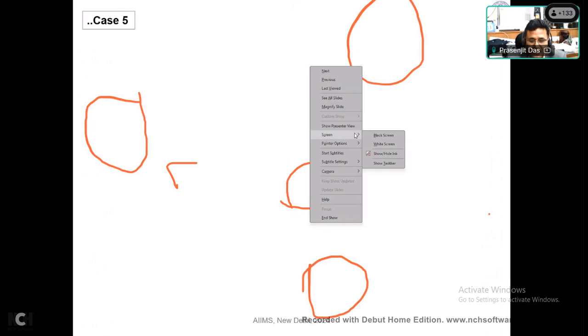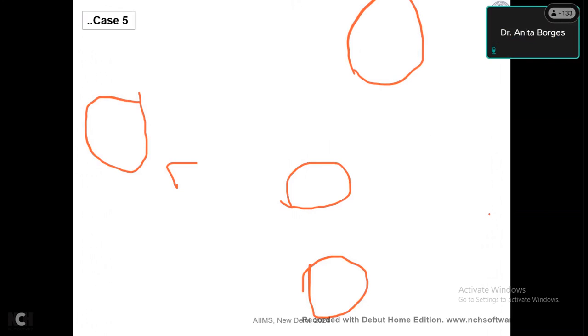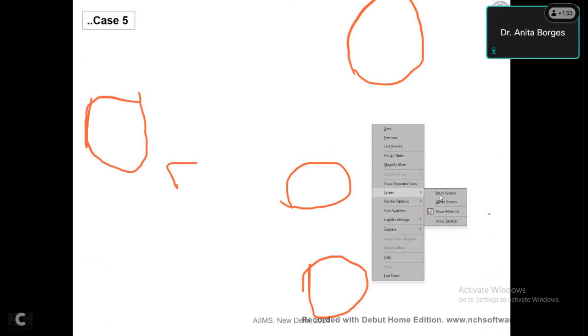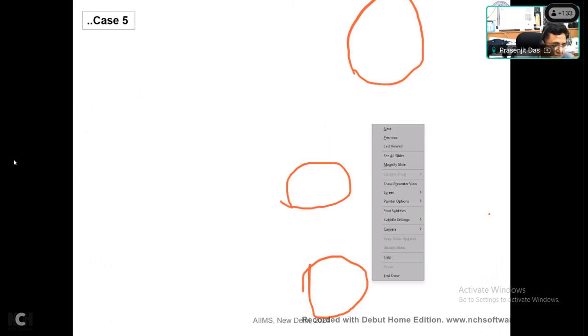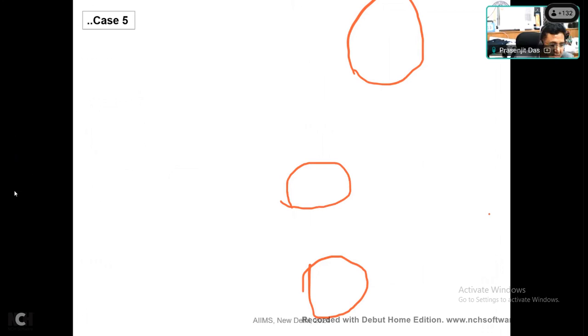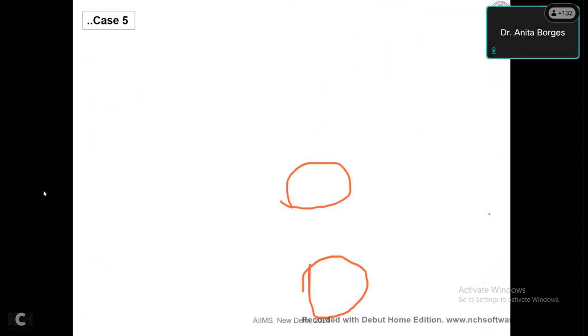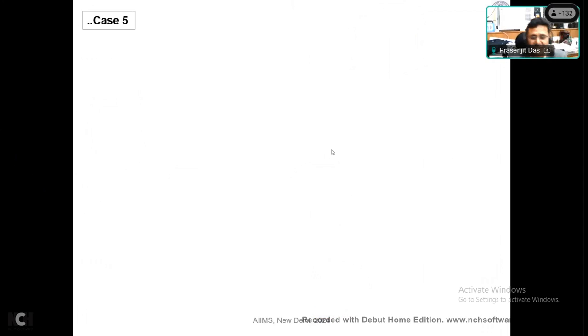Yes. So there you will see one option is to remove the annotation. There is an eraser, clear all. Yes, yes. Thank you.